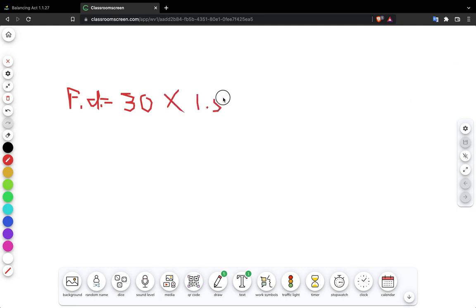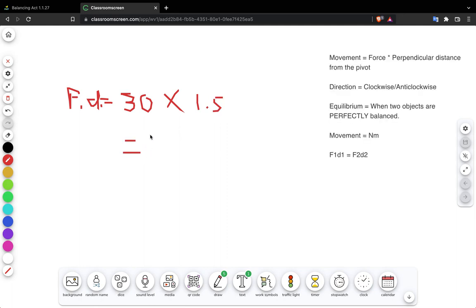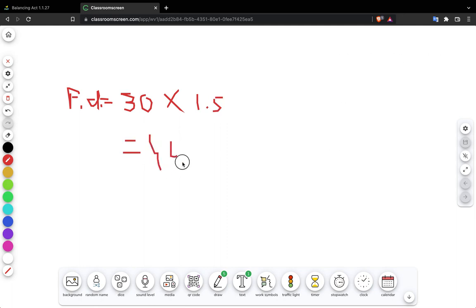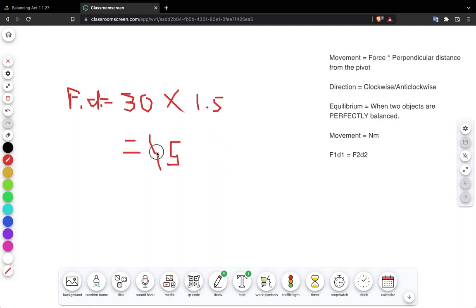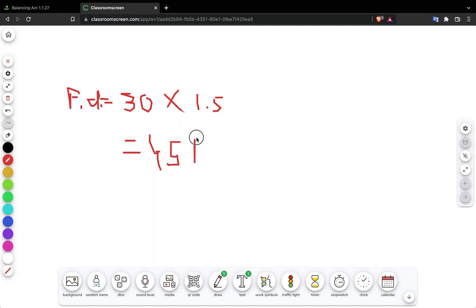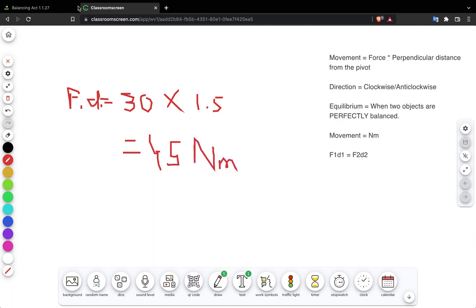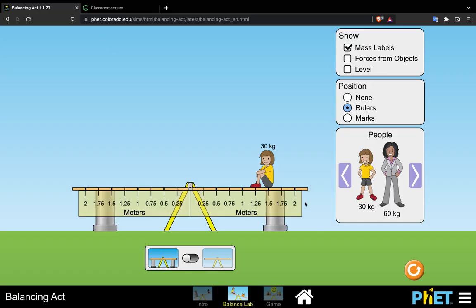I hope you all know that is 45 Newton meters. Alright, 45 Newton meters is this.